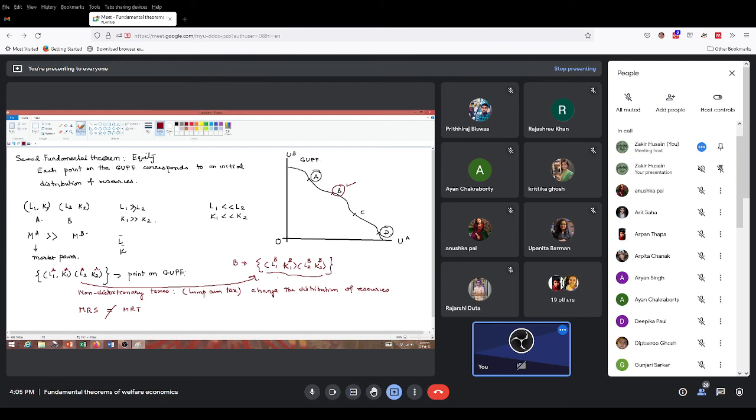So even though I end up in B, I will not be able to reach the GUPF. So we should not impose a distortionary unit tax, ad valorem tax, taxes like these. It should be a lump sum head tax, which keeps the price ratio unchanged. By price ratio, I mean all types of prices: input prices, output prices, prices paid by the consumers, prices received by the producers. None of these prices should be affected.